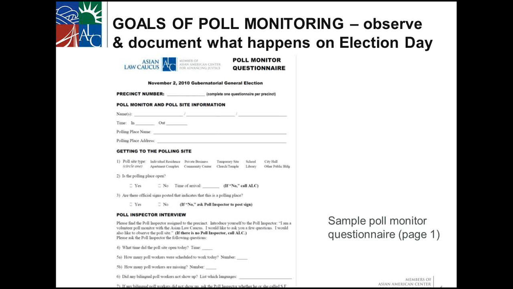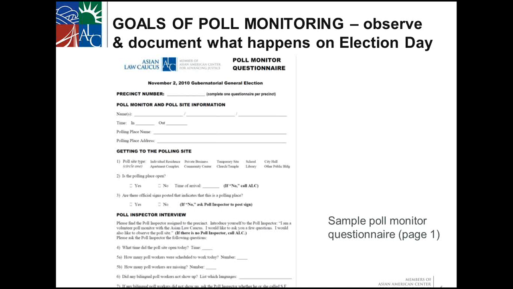And just as a note, while this is a questionnaire that we've used in the past, we, as a group, the Voting Rights Group for the Asian American Center for Advancing Justice, are working on a new poll monitor questionnaire for November. It won't deviate drastically from what you're seeing right here, but it will be with slight tweaks. So for those of you that are sub-grantees, just a heads up that it won't look a heck of a lot different than what you're looking at right now.